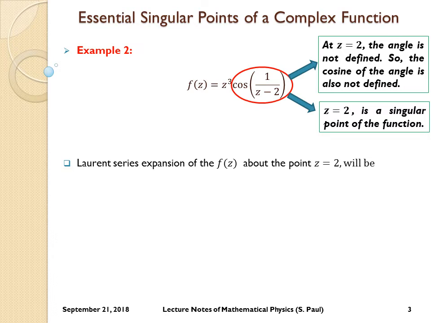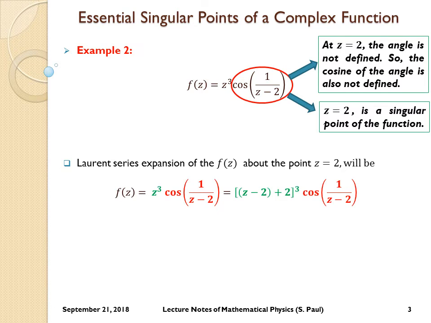That means, if we calculate the Laurent series expansion of the given complex function about the point z equal to 2, then the Laurent series expansion will contain positive and negative integer powers of z minus 2.